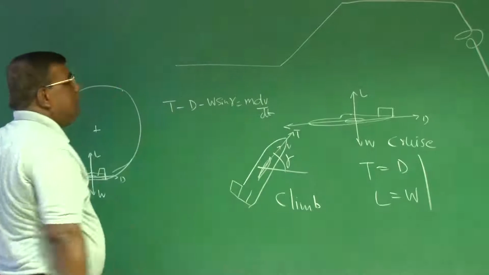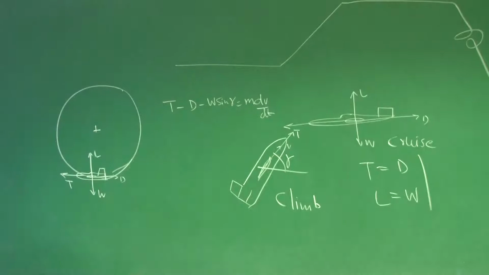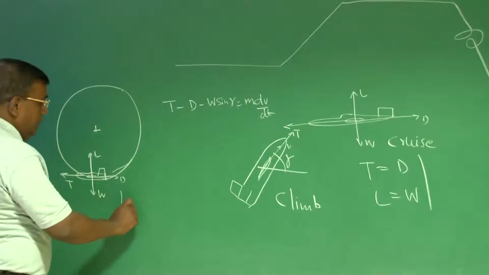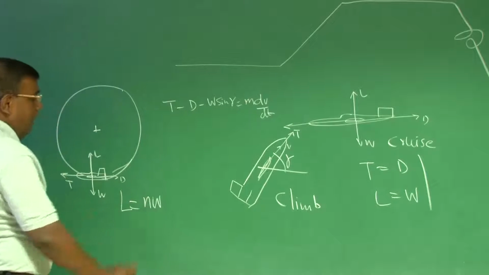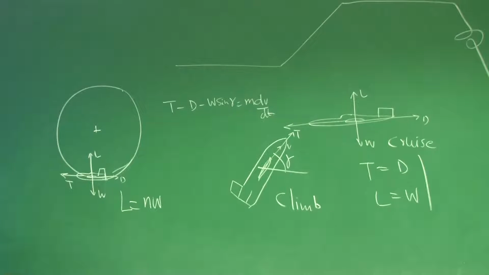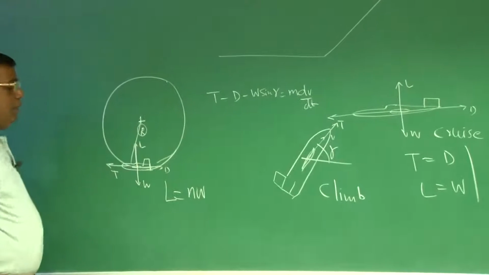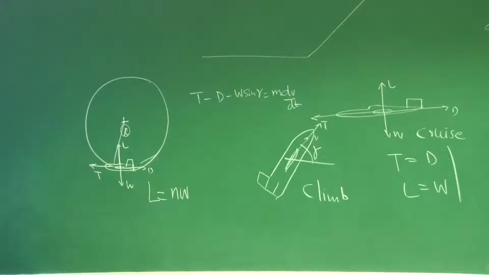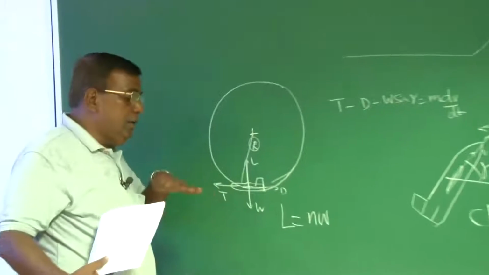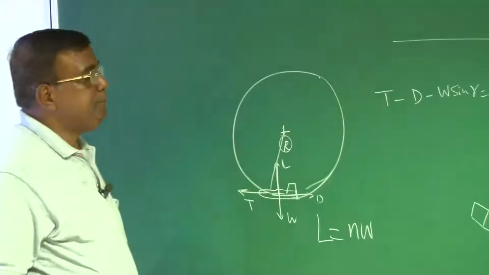That is net force causing acceleration. And here when I see, the important thing is if I want a particular radius of turn, I need to generate a lift which is n times weight. So this has to be more than weight so that it can go in a vertical loop.